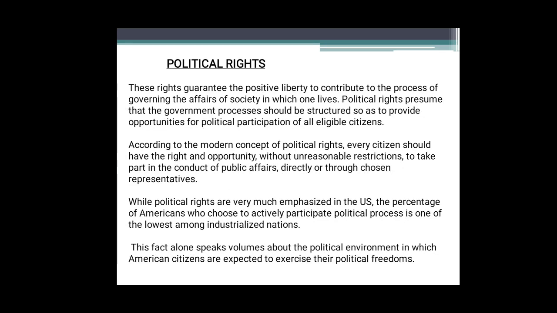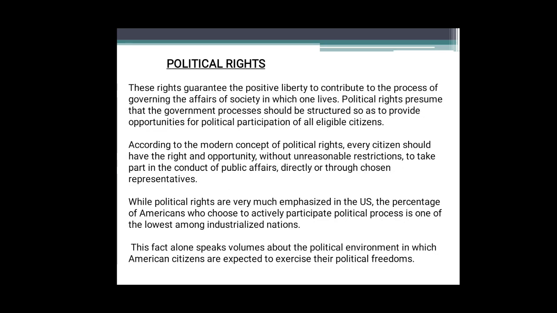And according to the modern concept of political rights, every citizen should have the rights and opportunities, without unreasonable restrictions, to take part in the conduct of public affairs directly or through chosen representatives.